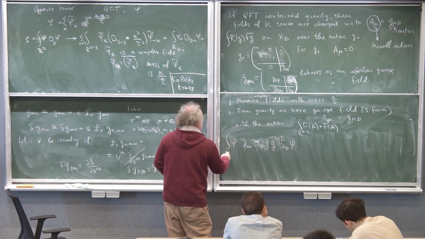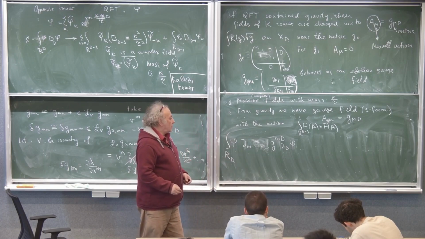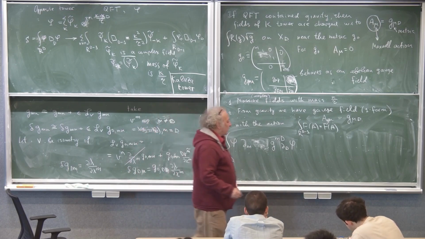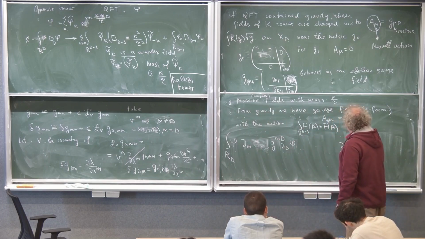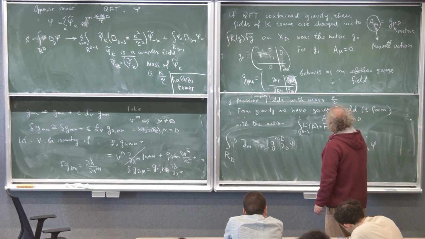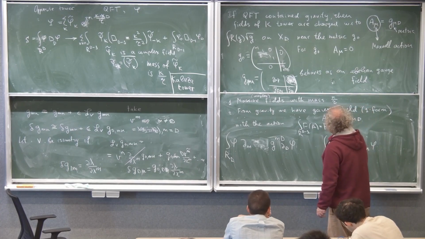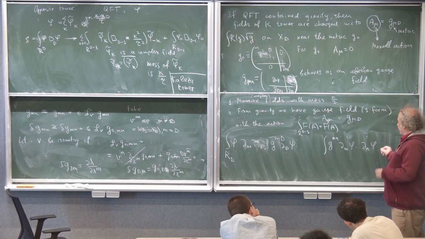So I have this step in R^d. Because the Laplacian is d_m phi g^mn, square root of g.